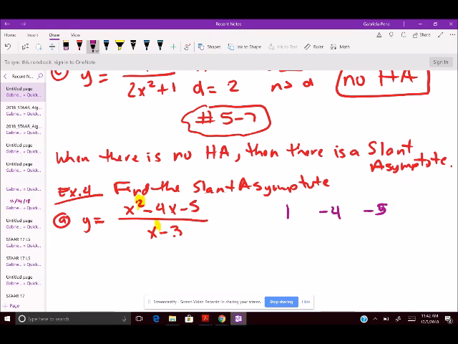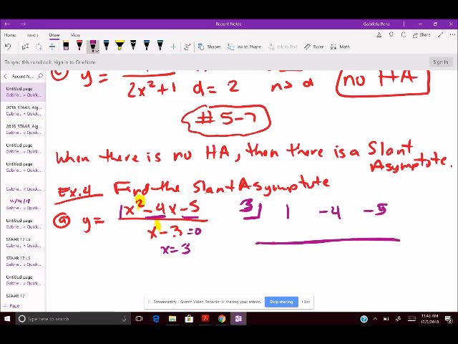Where do these numbers come from? Now, which number do I have to put out here? 3. We set the denominator equal to 0, and we get x is 3. So that's why we have to use a 3 here.